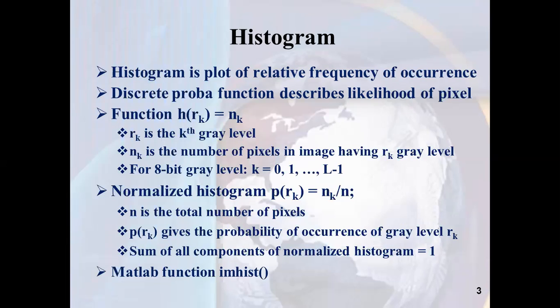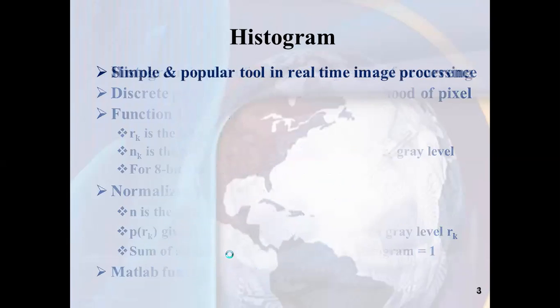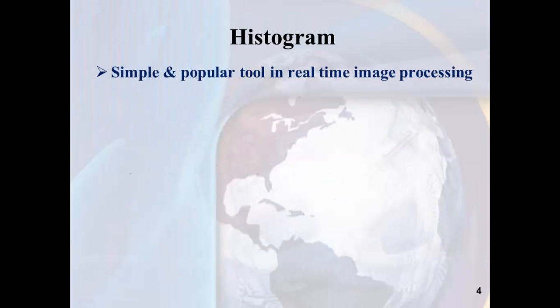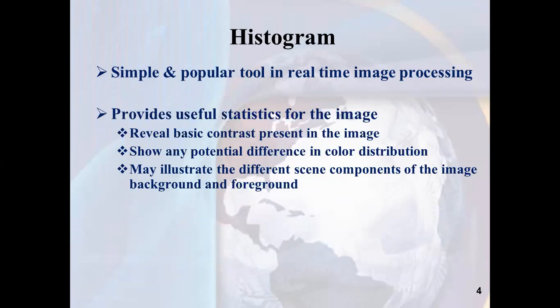For MATLAB, we can use the function imhist that gives the histogram of an image. The histogram in general is a simple and popular tool that is used in real-time image processing. And by statistics, it provides a useful tool for the image. For example, it reveals the basic contrast present in the image, which means what values are present in the image.